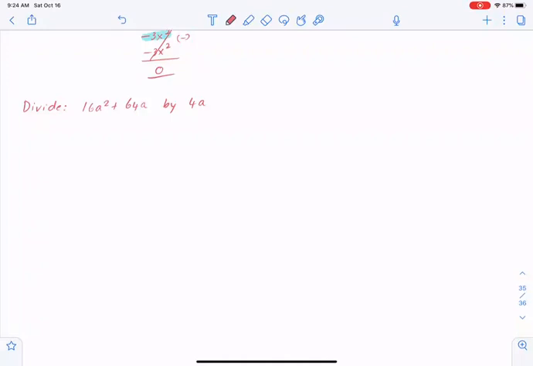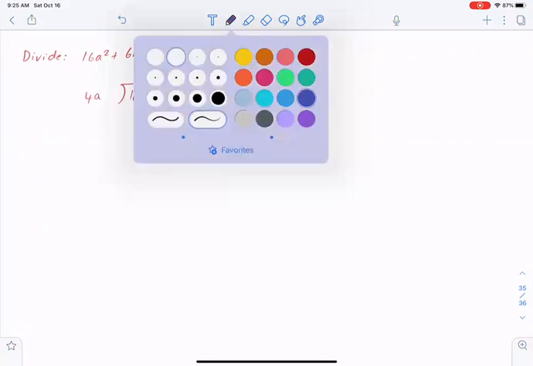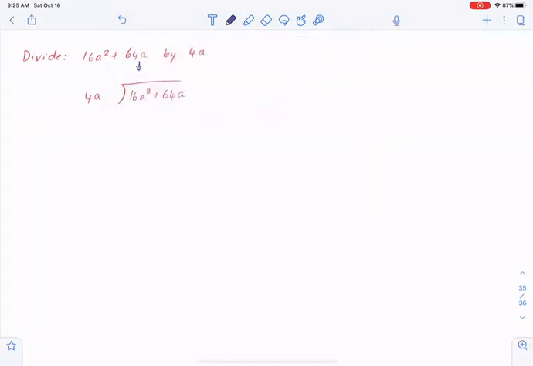So here we have 16a squared plus 64a divided by 4a. So I have to multiply the divisor by some expression so that I get 16a squared.